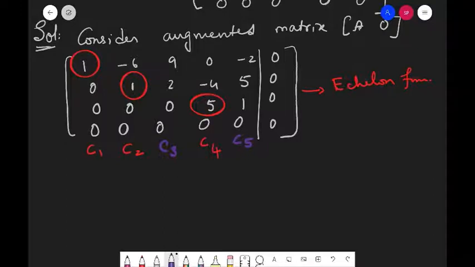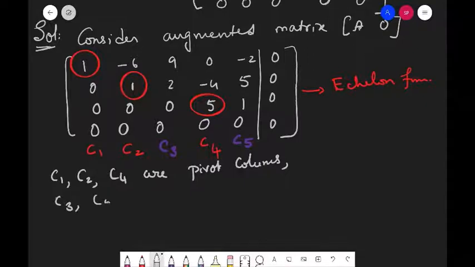So let me write like this. Now we have to find out, first let us write here C1, C2, C4 are pivot columns, and C3, C5 are non-pivot columns.